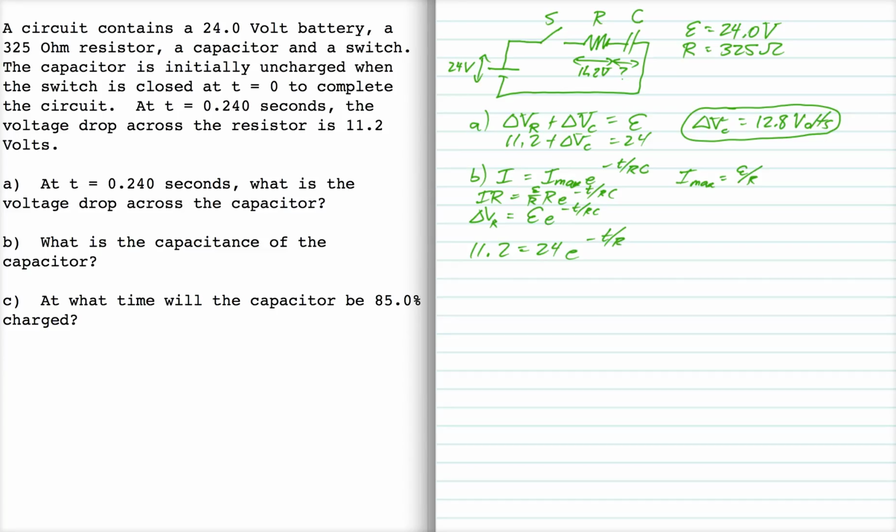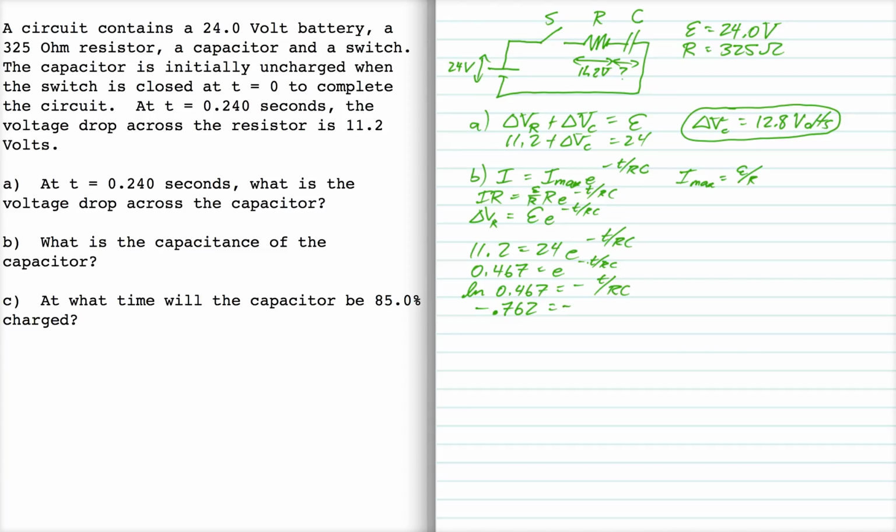Okay, so if I divide both sides by 24, I get 0.467 is e to the minus t over RC, and now I take the natural log of both sides. That gets rid of the exponential. The natural log of 0.467 is negative 0.762, and that's equal to negative t over RC.